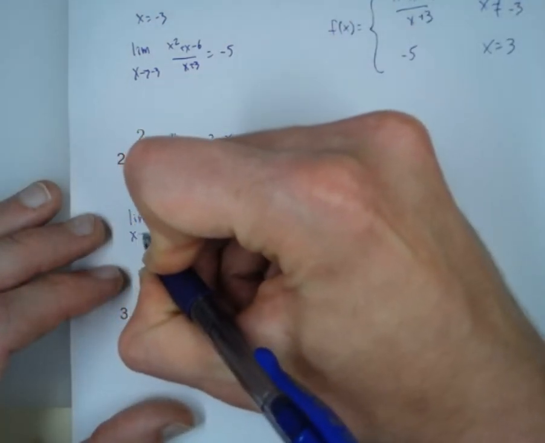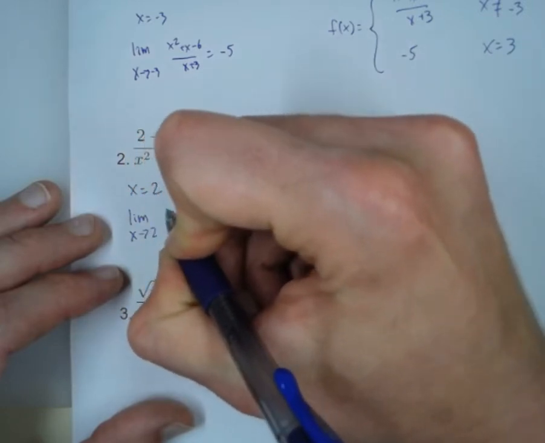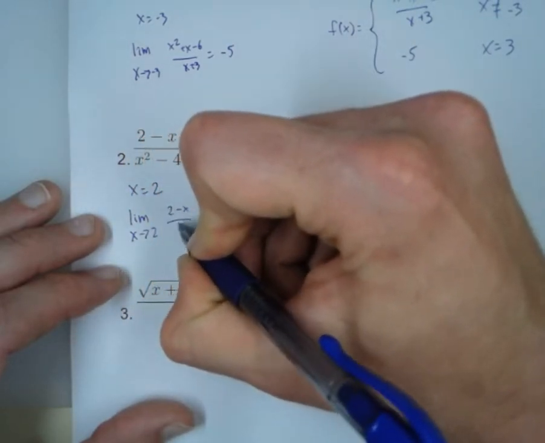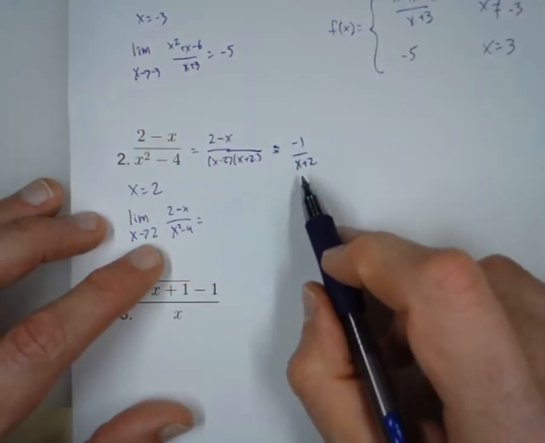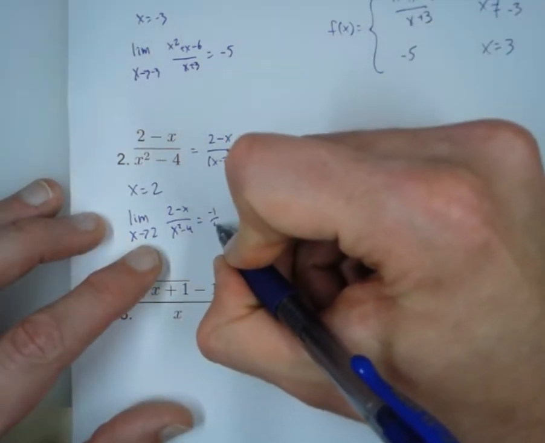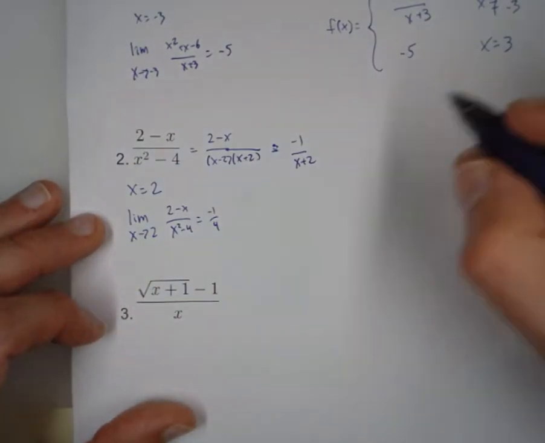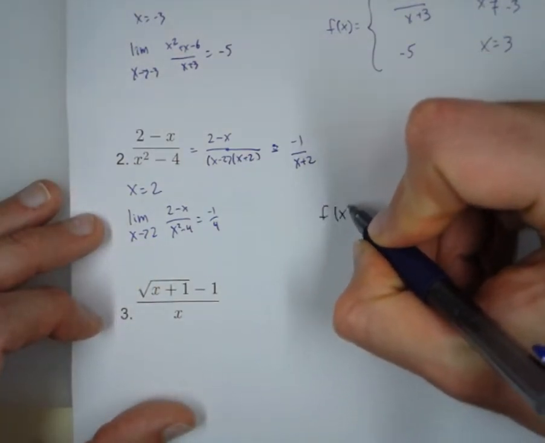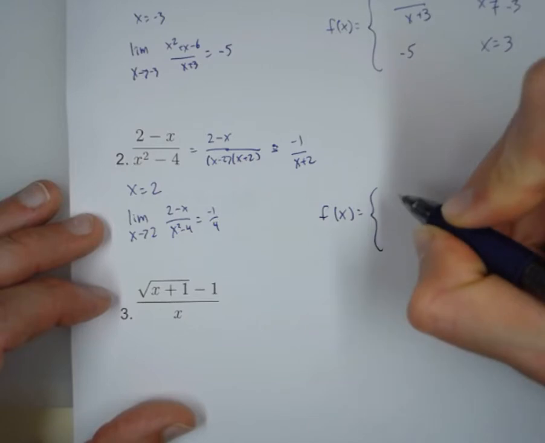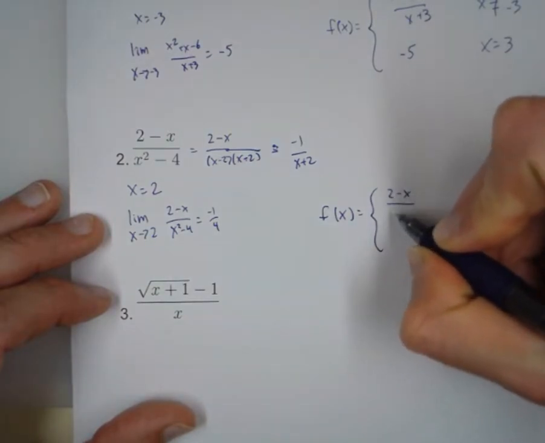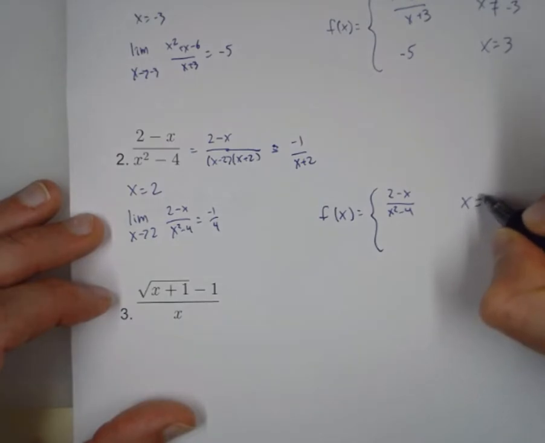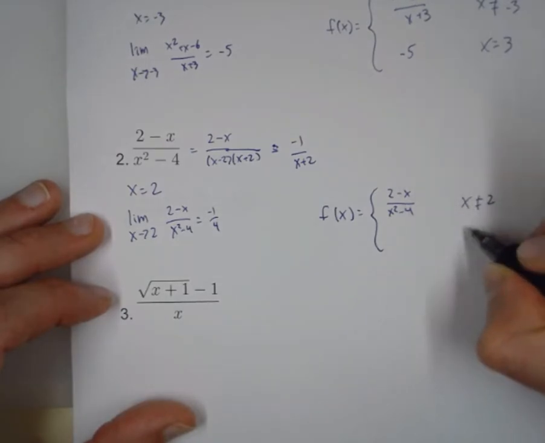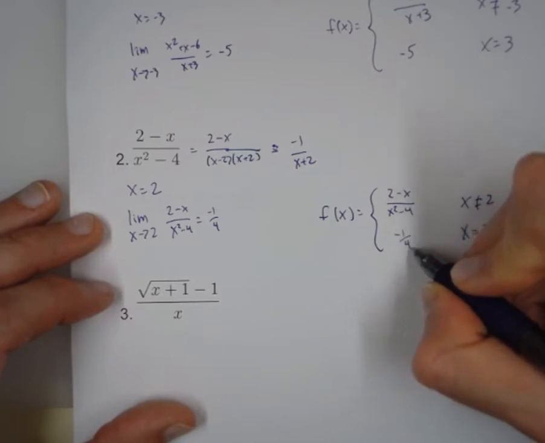So the limit as x approaches 2 of 2 minus x over x squared minus 4, well, if I plug in 2 here, I get negative 1/4. So when I write this piecewise, I have 2 minus x over x squared minus 4, where x does not equal 2, and at x equals 2, we have negative 1/4.